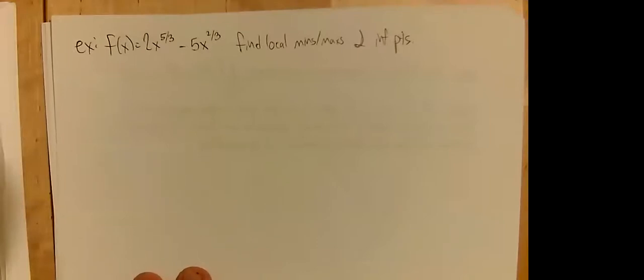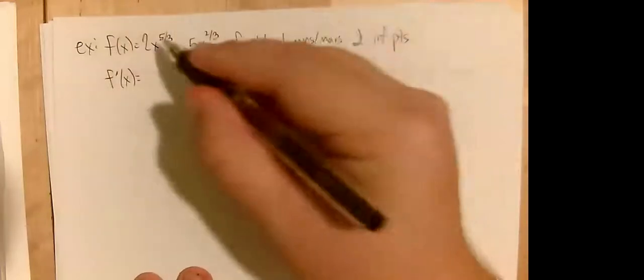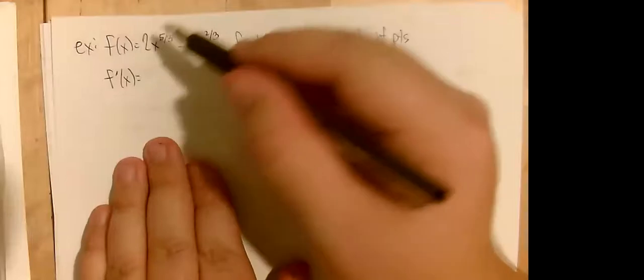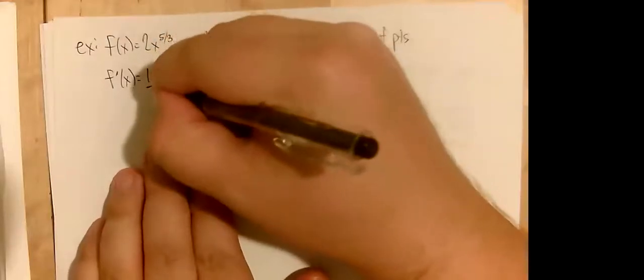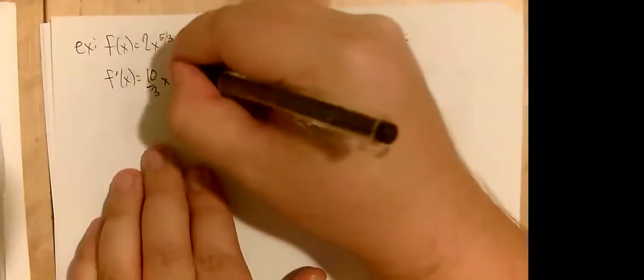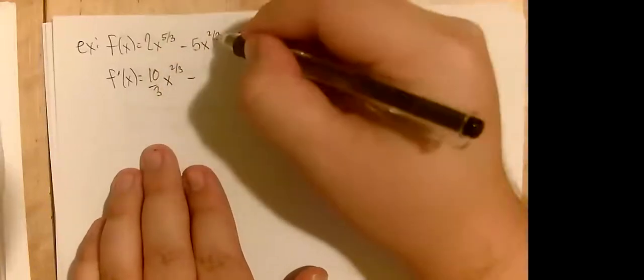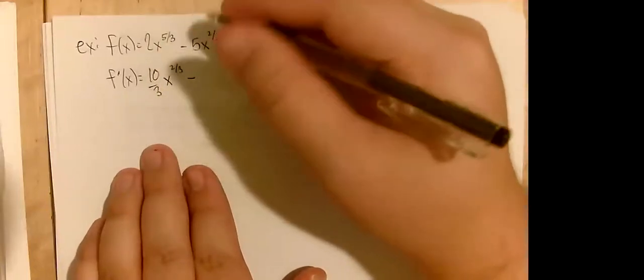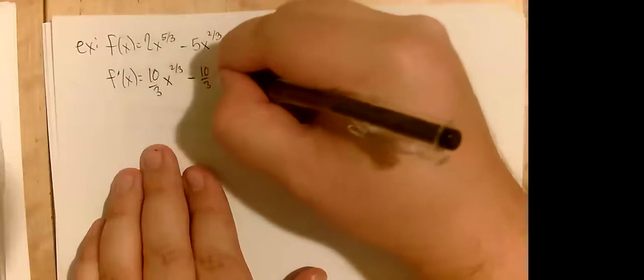All right, so in order to do any of this, we need to find our derivatives. And thankfully, this is just going to require the power rule. So we bring down 5/3 to the front, giving us 10/3 x to the 2/3. And then we bring this 2/3 down here, giving us 10/3 x to the negative 1/3.